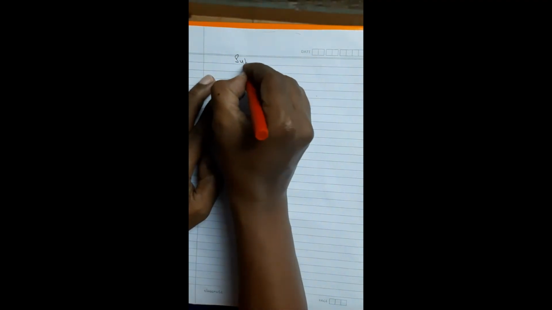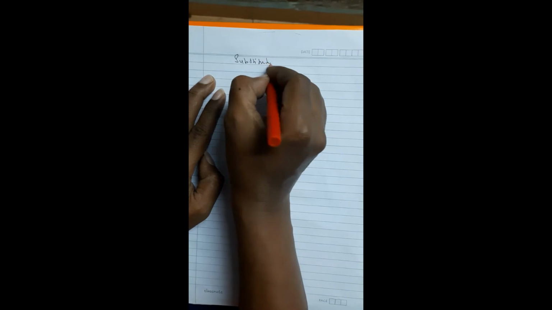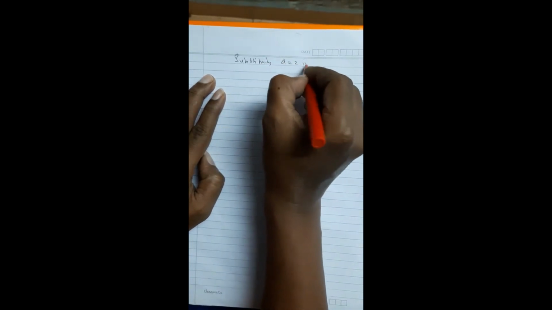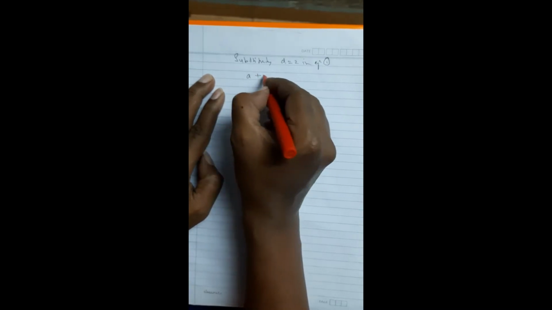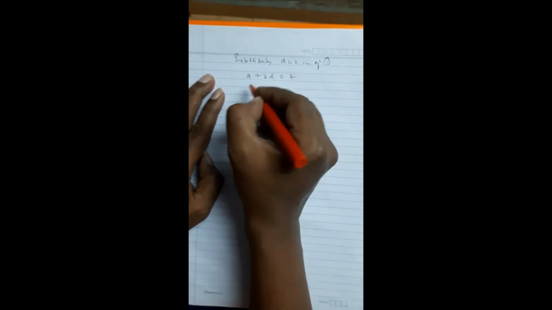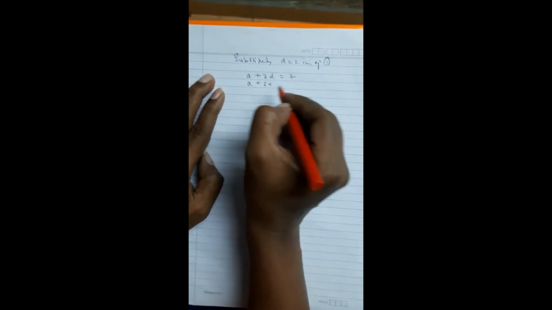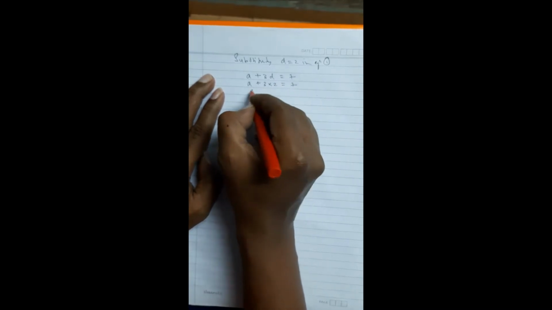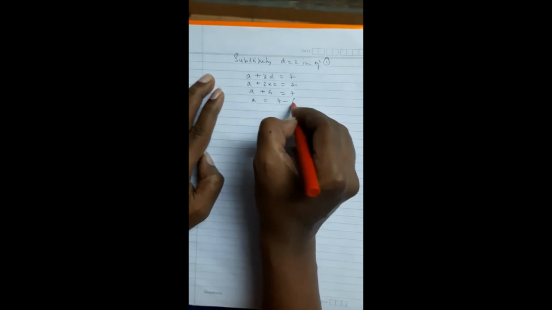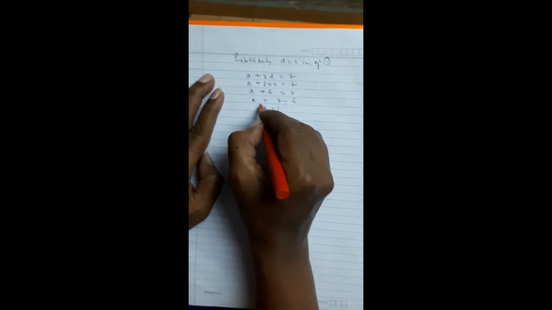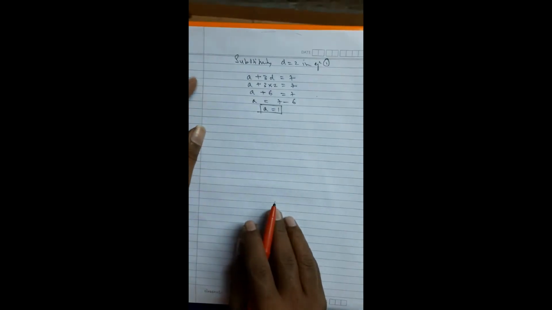So we have got the value of d, and now substitute this d is equal to 2 in equation 1. That equation 1 is a plus 3d is equal to 7, a plus 3 into 2 is equal to 7, a plus 6 is equal to 7, a is equal to 7 minus 6, a is equal to 1. These values you have got.